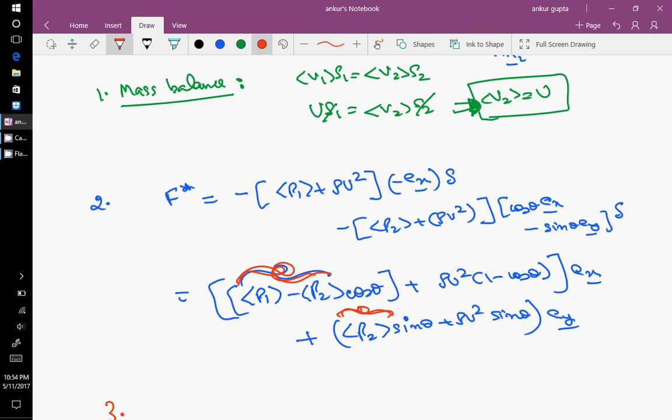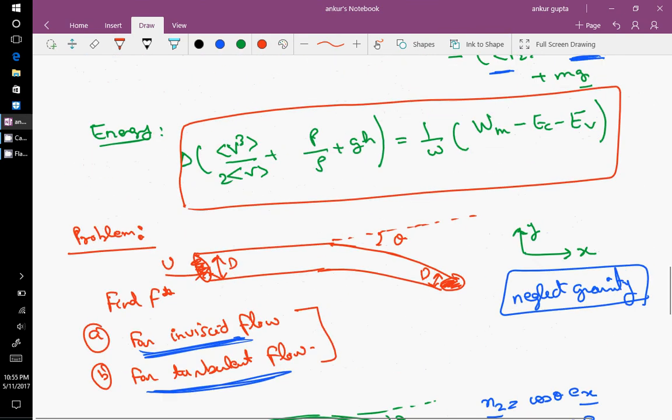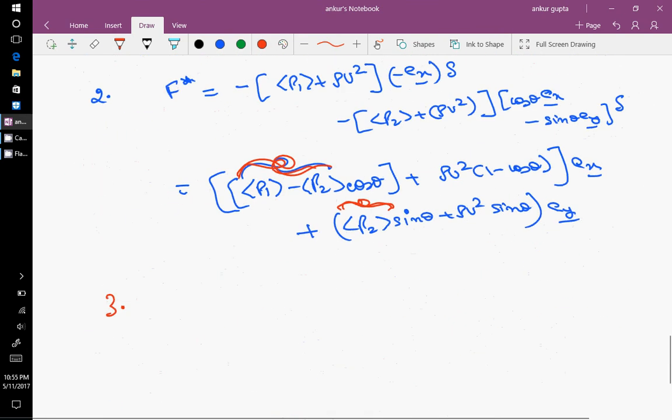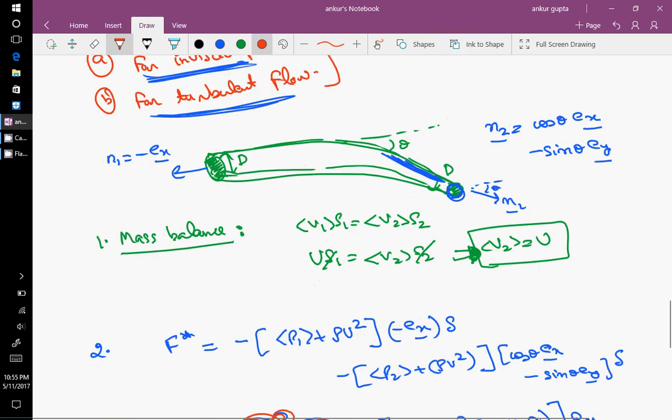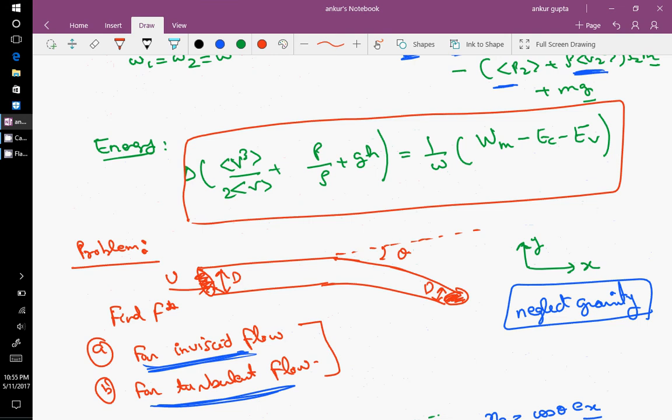So let's just first write these balances. For inviscid flows, we can write this v cube by 2 as v square by 2.